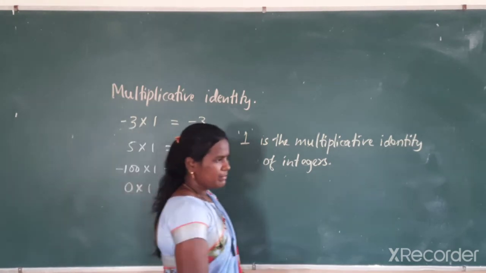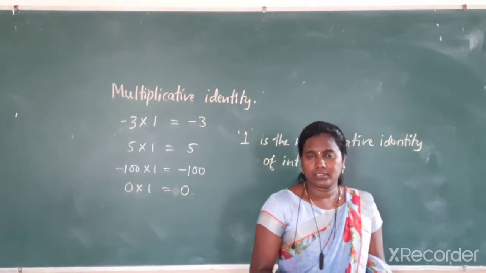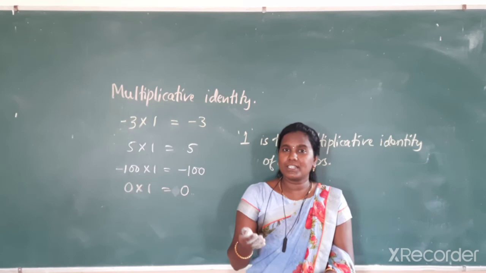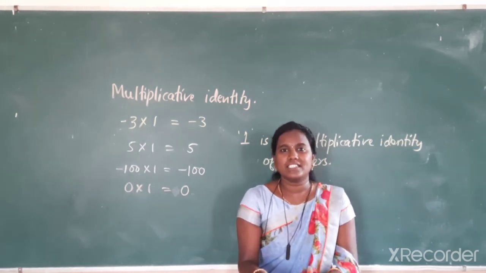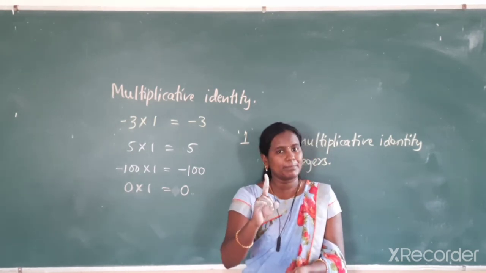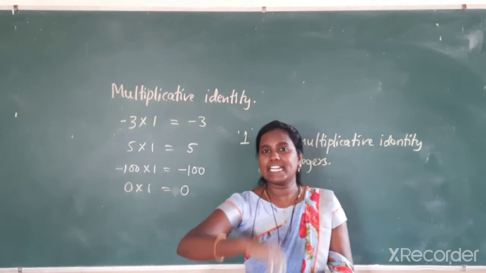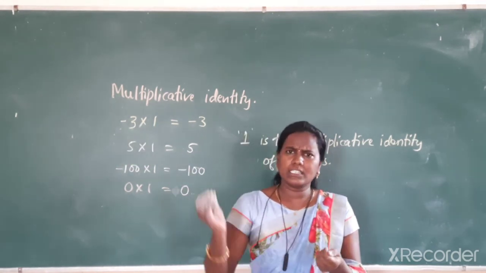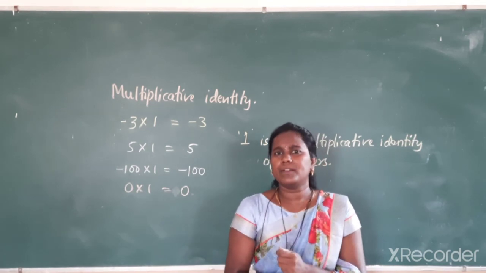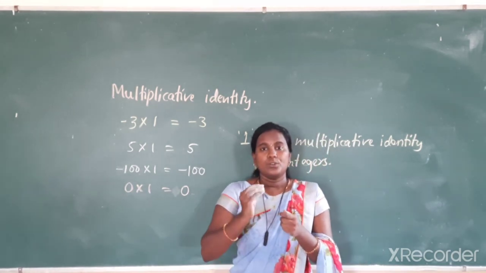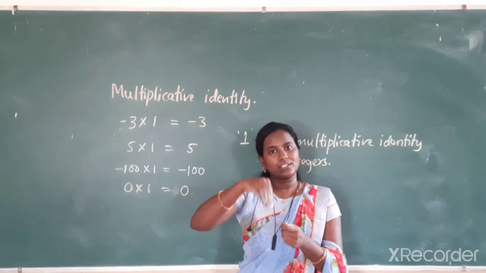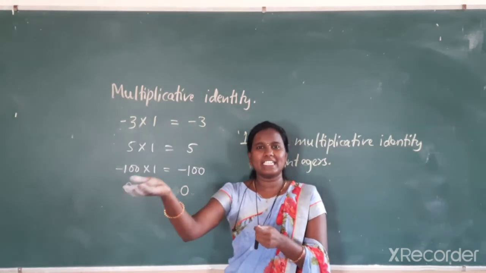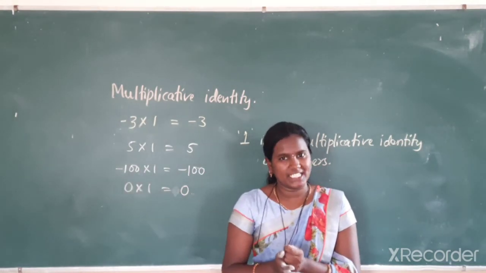Then what is the multiplicative identity for whole numbers? Of course it is 1, because whole numbers are included in integers. 1 is the multiplicative identity, and which is the additive identity? 0 is the additive identity. Why is 0 called the additive identity? Because whichever integer you add to 0, the sum you are going to get is again the same integer.